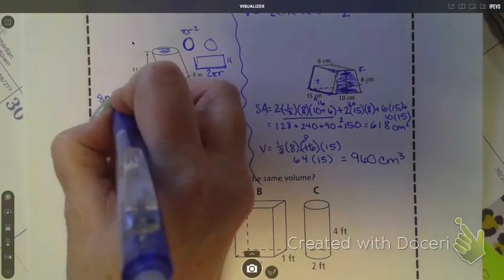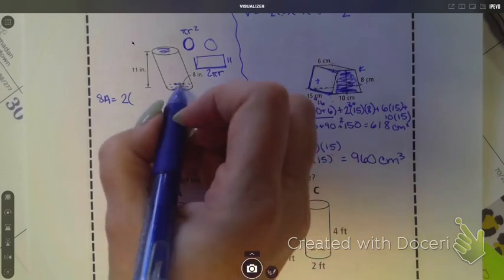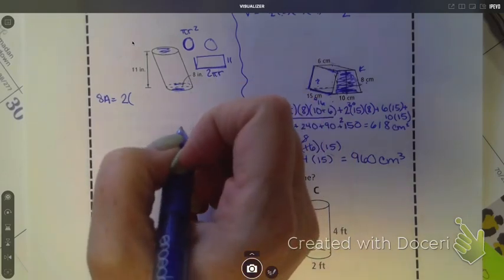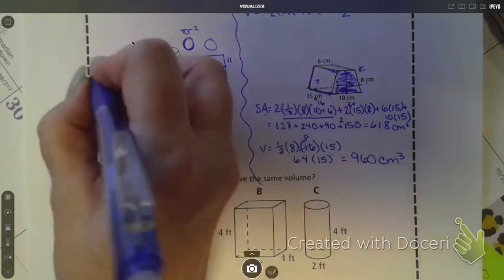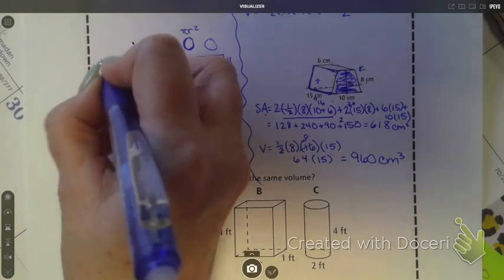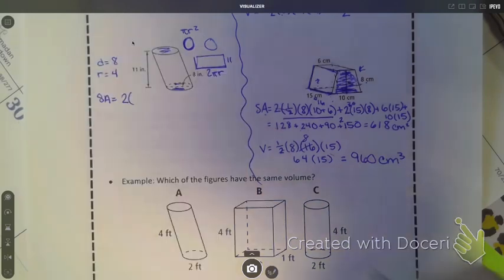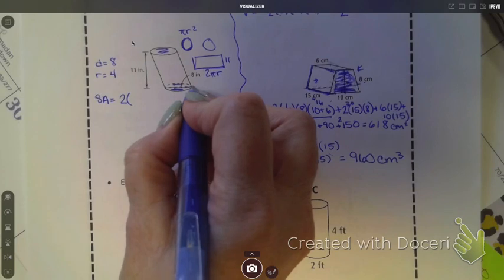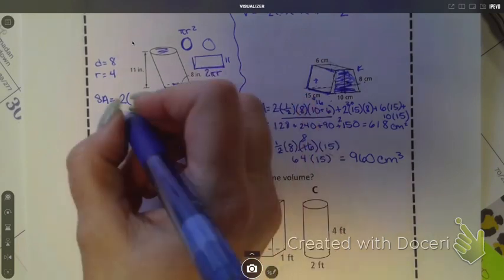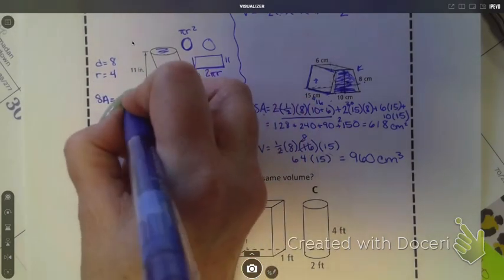Okay, so I have 2 times, well, what's r? 4. D equals 8, R equals 4, because 8 is the diameter. Okay, so 4 squared is 16 pi.